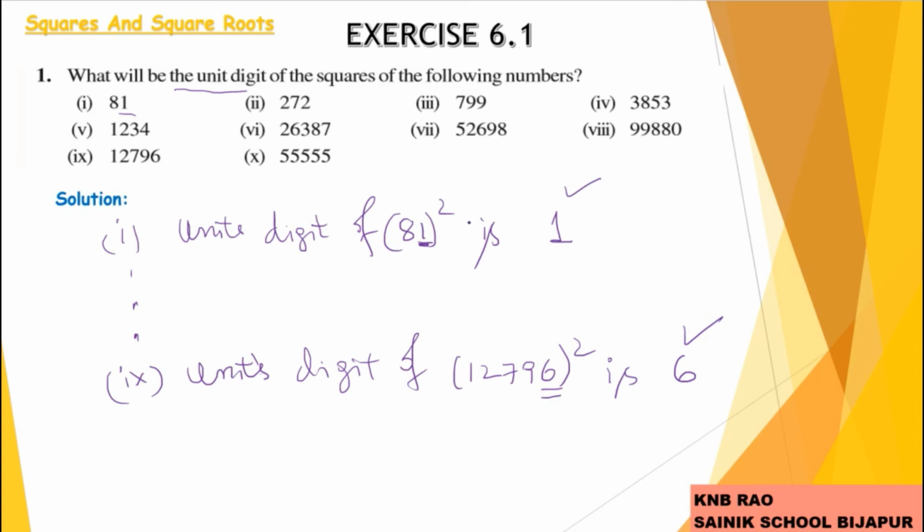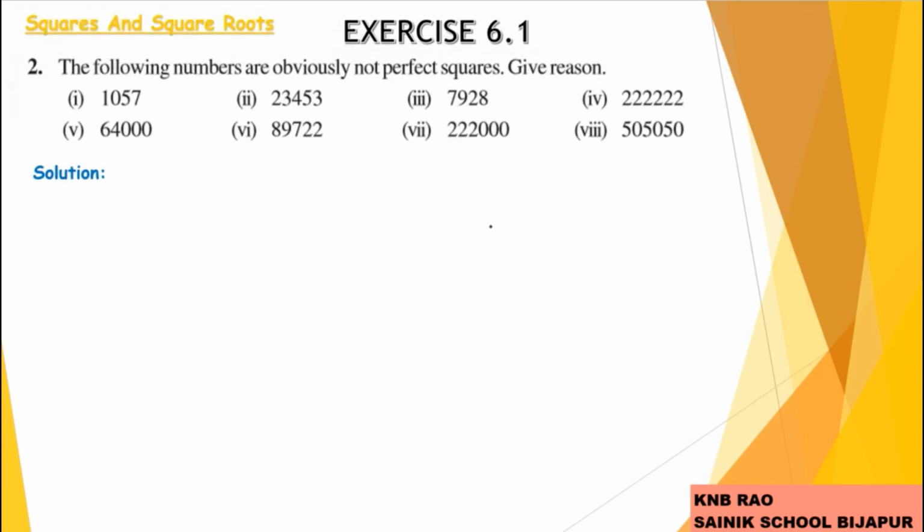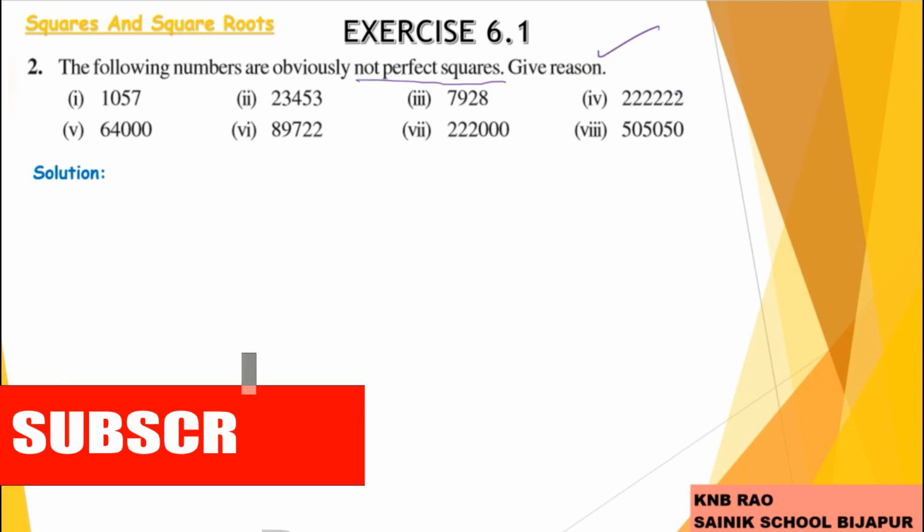Now we will go for the second main question. The second main question is, the following numbers are obviously not perfect squares. Give reason. They said already these are not perfect squares. You have to just give reason.